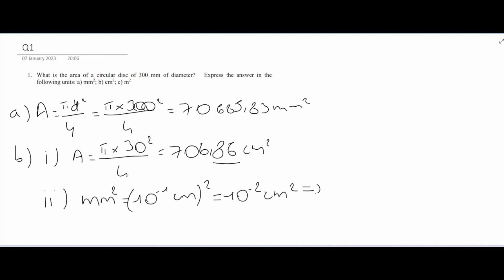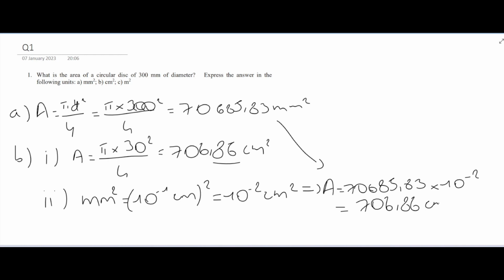So if we use the answer from the previous part, the area is equal to 70,685.83 times 10 to the power minus 2, which is equal to the same answer as previously, 706.86 centimeters squared.